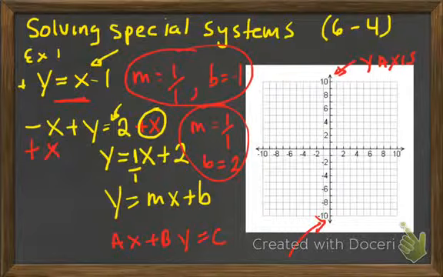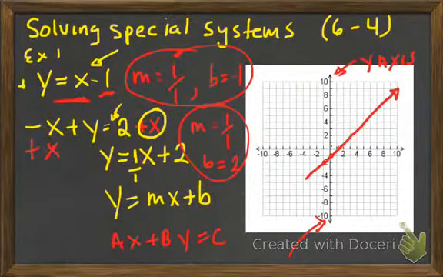So we can graph the first equation, y equals x minus 1. I'm going to put my first dot at the minus 1, and then the slope is up 1 and over 1. We can actually get the basic idea of what our slope is.